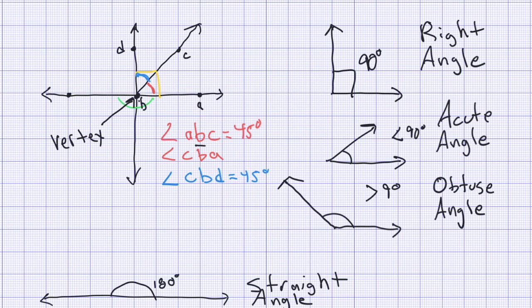All right, and then angle yellow. Yellow is right here. And I showed that one as a 90 degree. So angle yellow would be A, B, D. You see, because I'm going A to B to D. I could go the opposite direction too, D, B, A. But remember, the vertex is always in the middle.